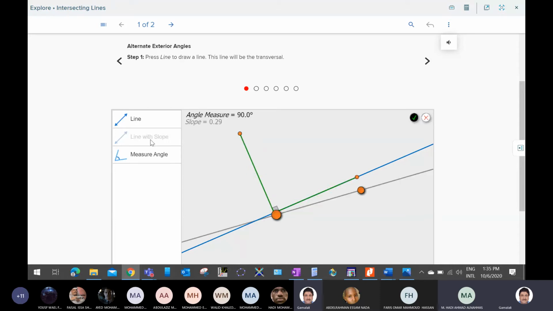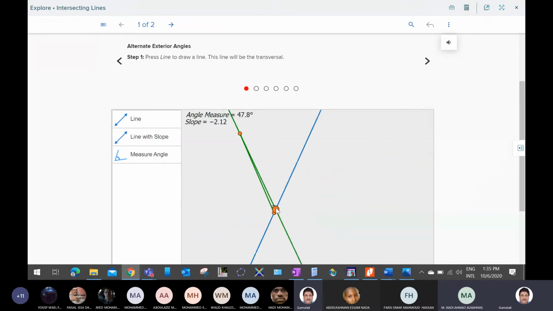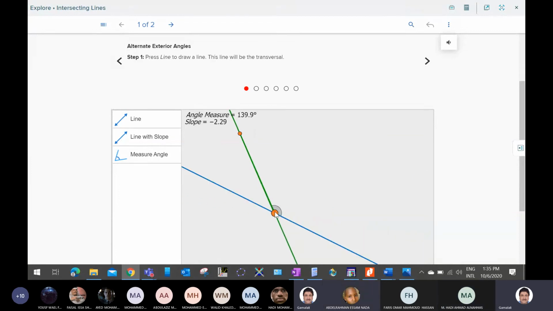Okay. What is the slope? The slope is... Wait. I didn't fix it. 0. Alright. What's this? I cannot do it. I did it before, but now I don't know how to fix it. The slope is infinity, right?